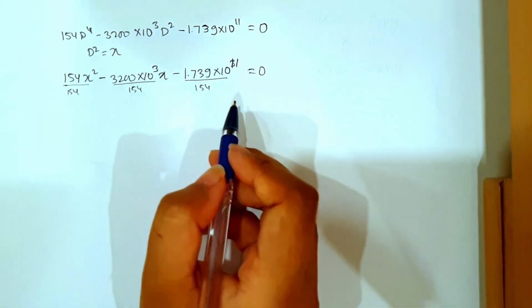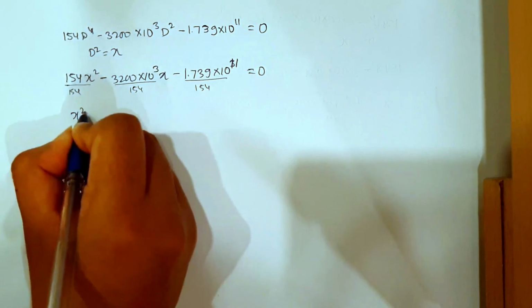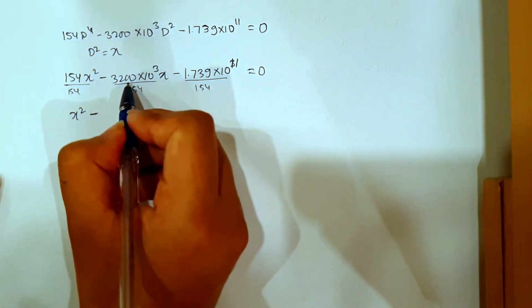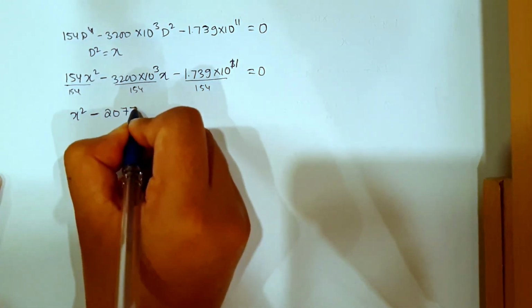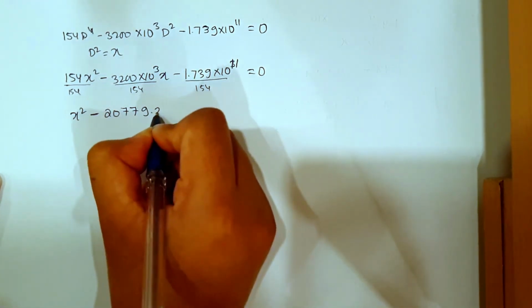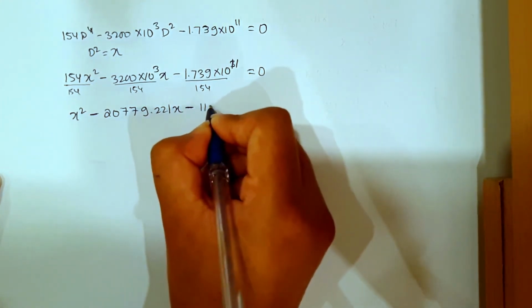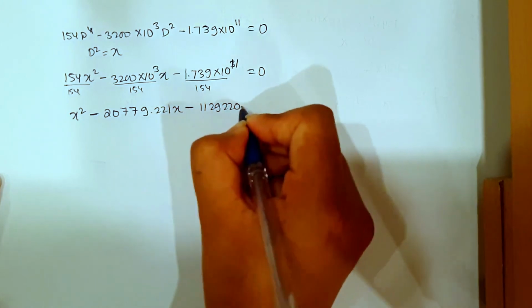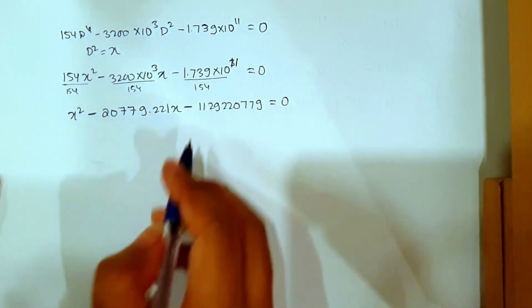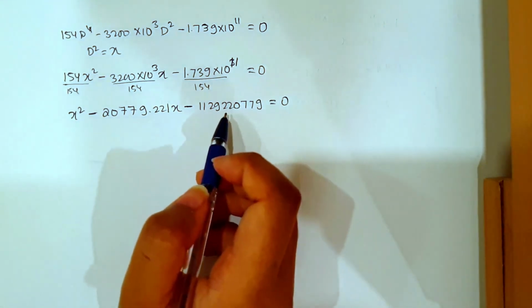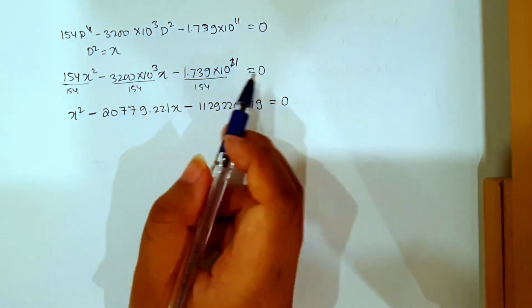So if I divide by 154 for each value, I'll be getting just x square minus 20779.221 x minus 1129220779 will be equal to 0. So this is the value that we will be getting if we divide it by 154 for each value here.